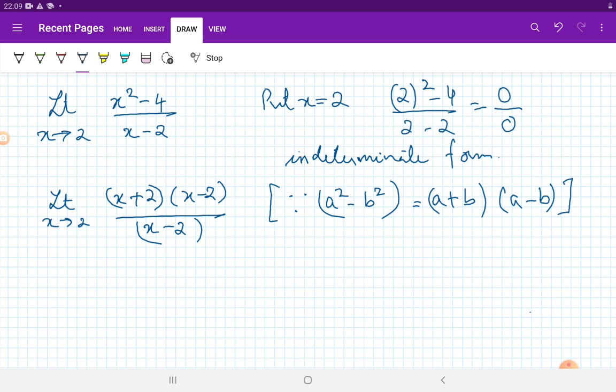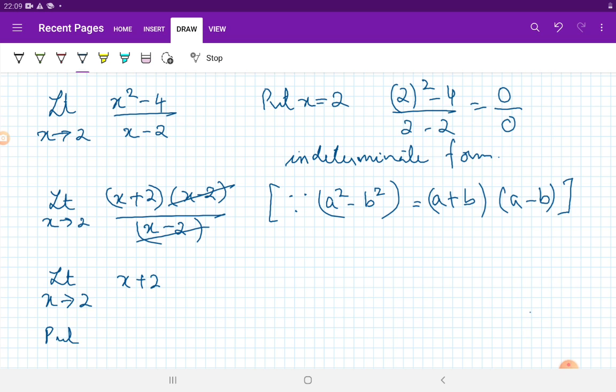Now when I do this, as you can see, x minus 2 appears in the numerator and the denominator and it gets cancelled out. So I can simplify my function to limit x tends to 2, x plus 2.